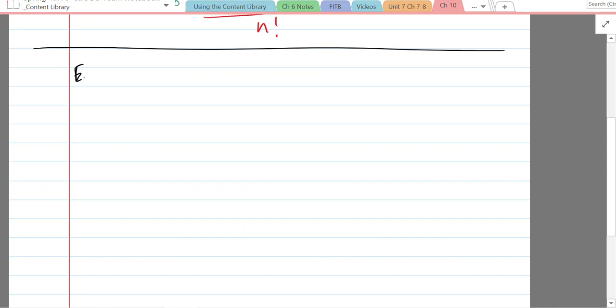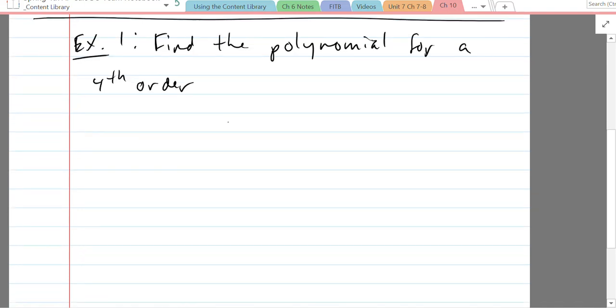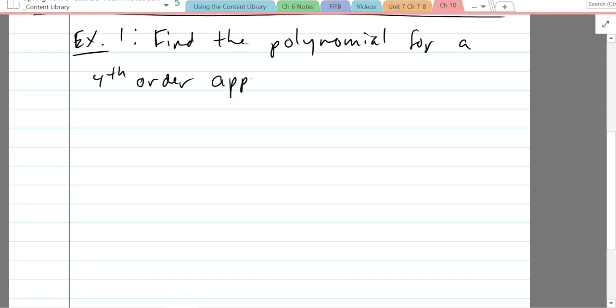So example 1, you're going to find the polynomial for a fourth order approximation of e to the 2x centered at a equal to 0.